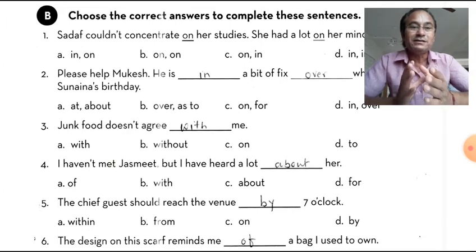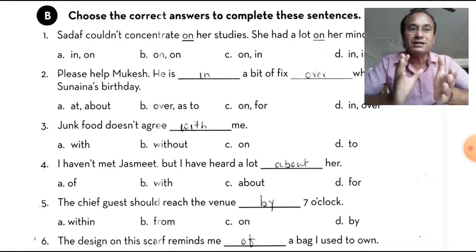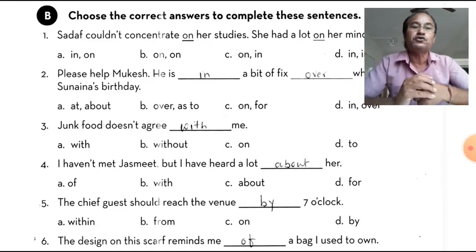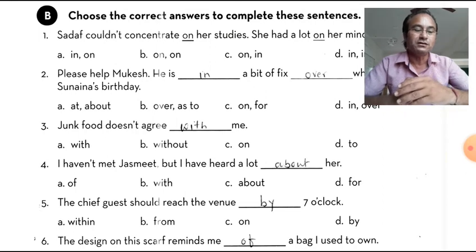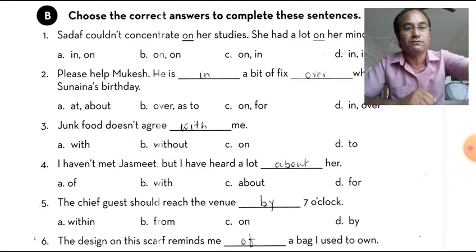Here not by meaning द्वारा, लेकिन उसके पहले the chief guest should reach the venue. तो यहाँ पे प्लेस टाइम बता रहा है कि 7 बजे से पहले वहाँ पे पहुँच जाना है. By, not by train, by bus, that is not. It is not the by that indicates the means by which something is done. यहाँ पे वो यूज नहीं हुआ कि इसके द्वारा कुछ किया जा रहा है, मतलब मेरे द्वारा आम खाया जाता है, not that one, but before time, that is by 7 o'clock.